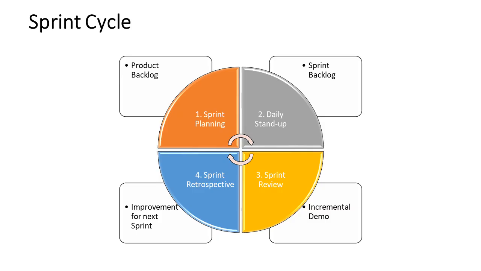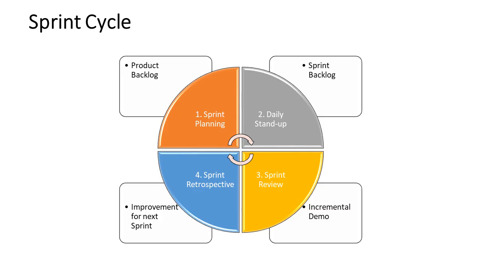As a sprint progresses, team members work on tasks, continuously adapting to changes and overcoming obstacles to deliver high quality results. At the end of the sprint cycle, the team conducts a sprint review, showcasing the completed work to stakeholders and gathering valuable feedback.